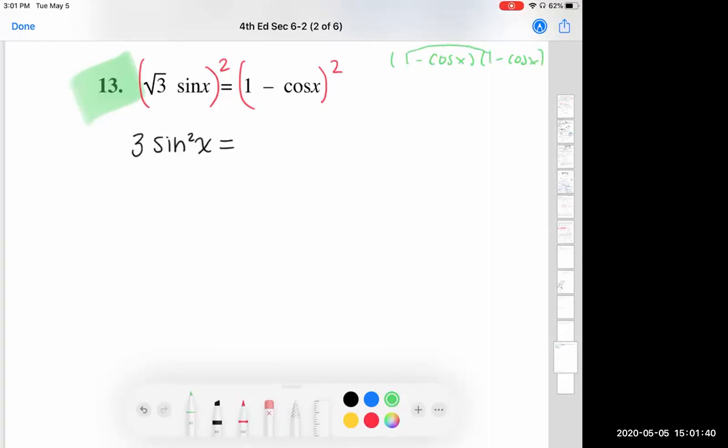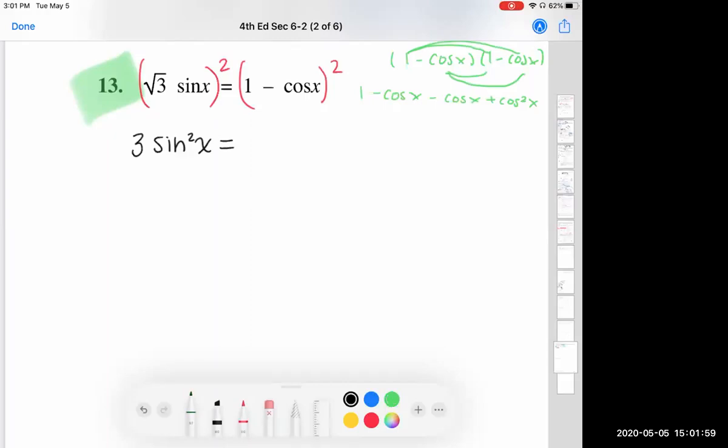So 1 times 1 is 1. 1 times negative cosine gives me negative cosine of x. Negative cosine times 1, negative cosine of x. Negative cosine times negative cosine gives me positive cosine squared x. All right, so we have that.